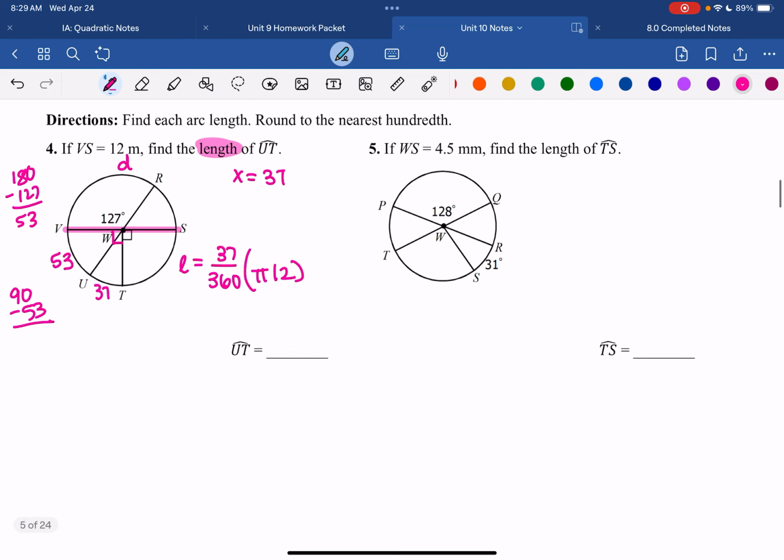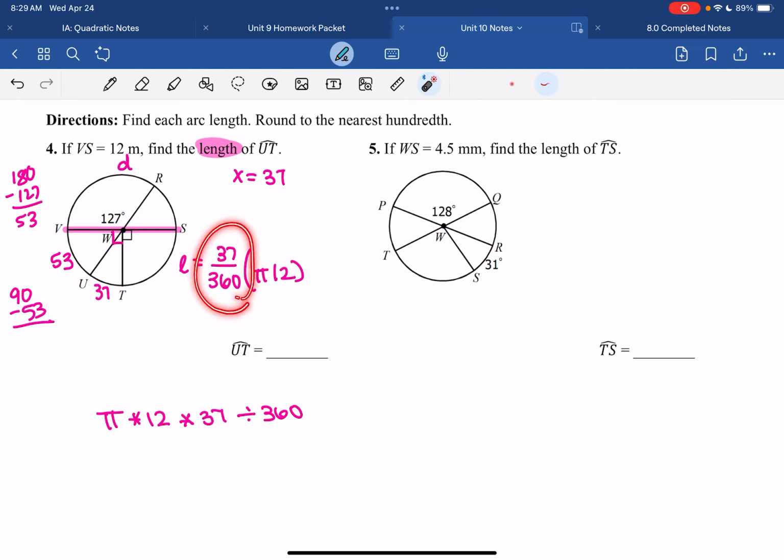So easiest way to type this in your calculator, guys, is I want you to do pi times 12 times 37 and then divide by that 360. Okay? Easiest way just to type it in. Or if you have the fancy calculators with like the little fraction bar, type it in the way it looks right now. But if you've got one of those difficult calculators where it really matters the order, do it this way.